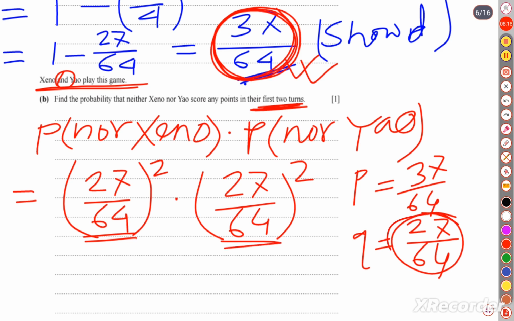So ultimately, let me calculate using my calculator: 27 over 64, to the power of four, equals 0.0317. I think you have understood the explanation of this question.